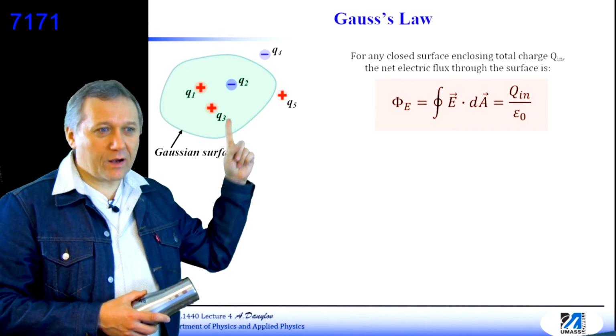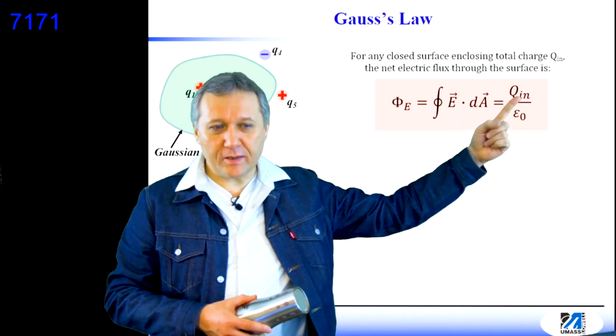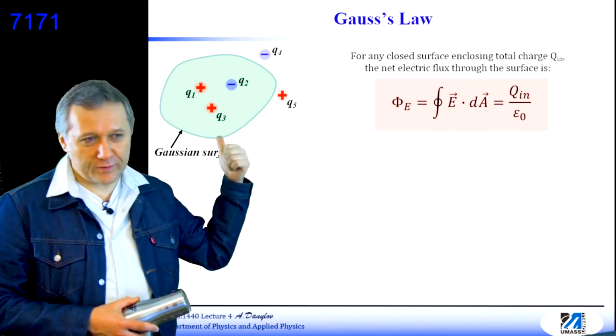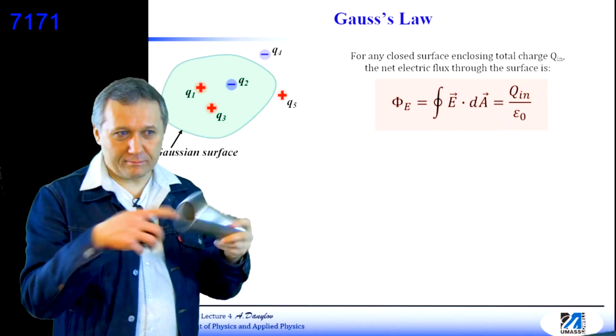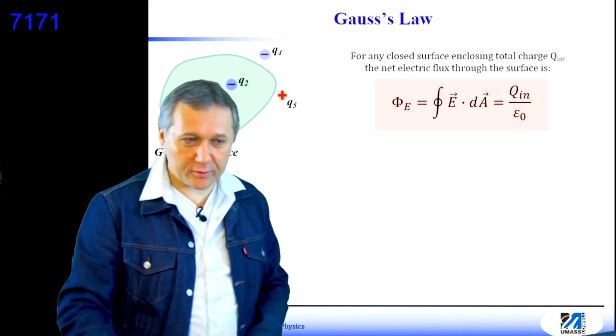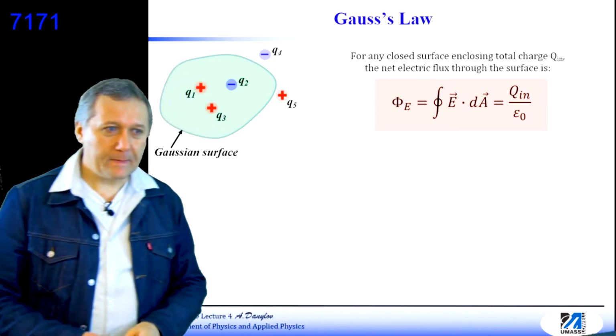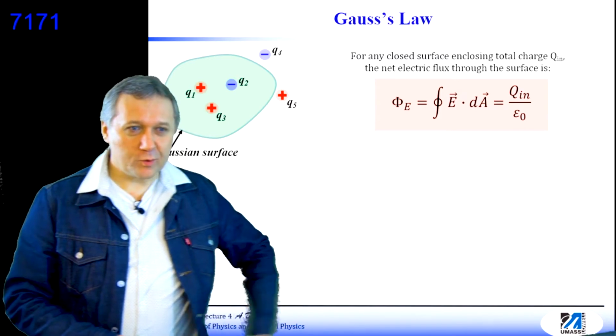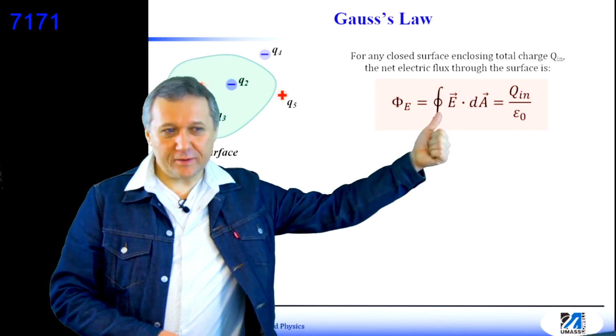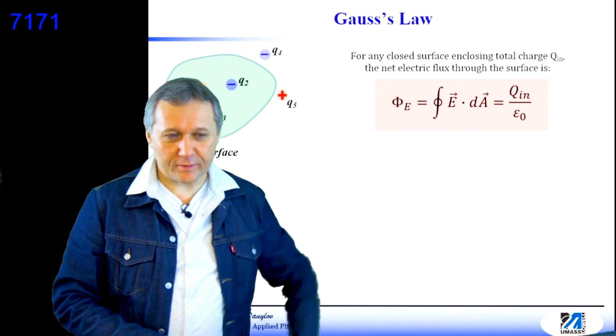And then it allows you to predict the amount of charge inside of that Gaussian surface, right? So that's why I compare the application of Gauss's law with Yankee swap. Right? So charge inside, electric field on the surface.